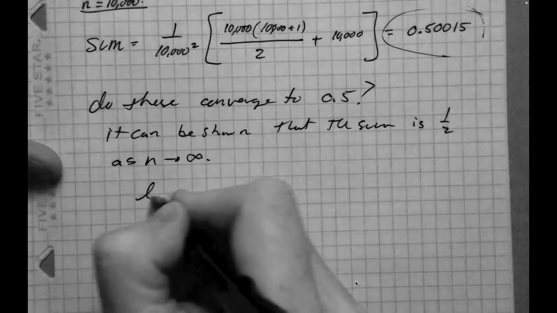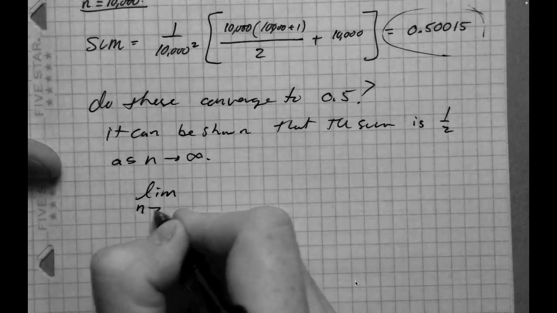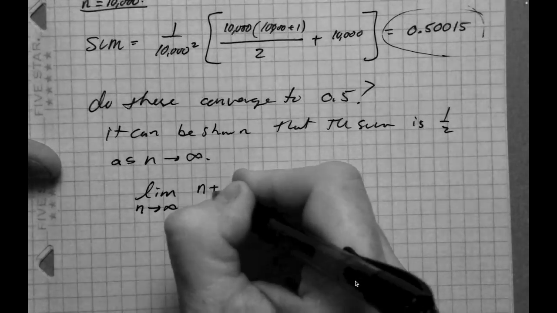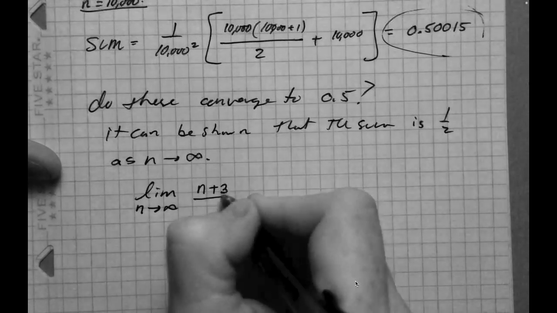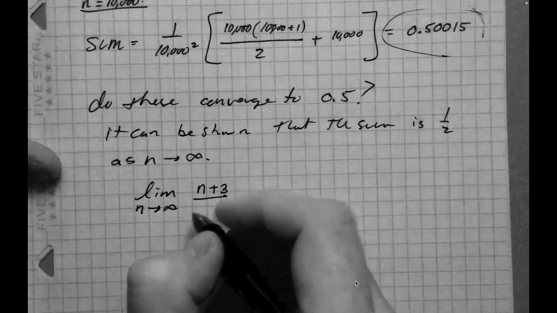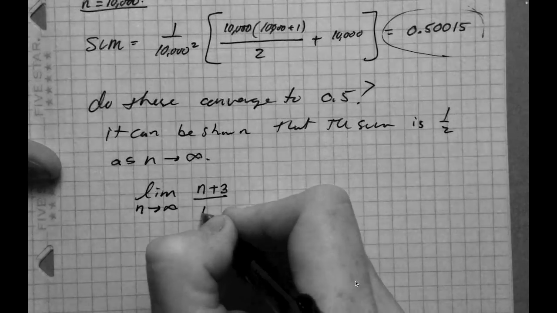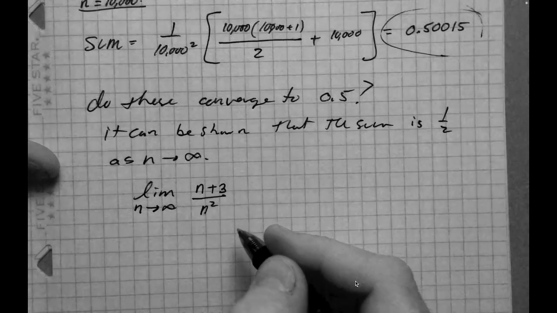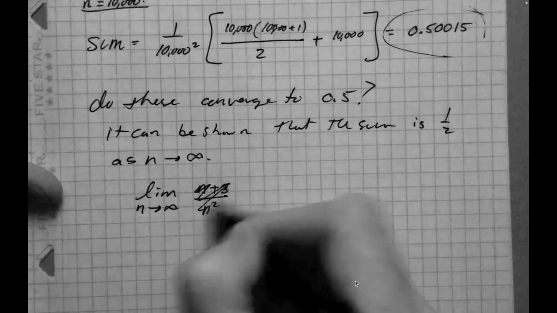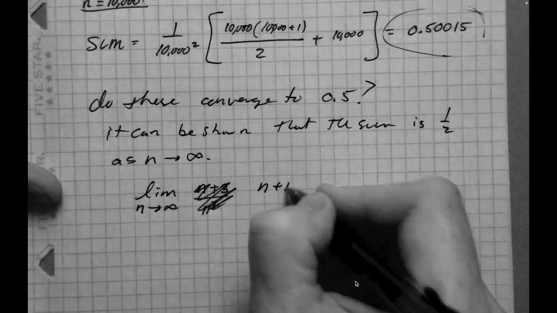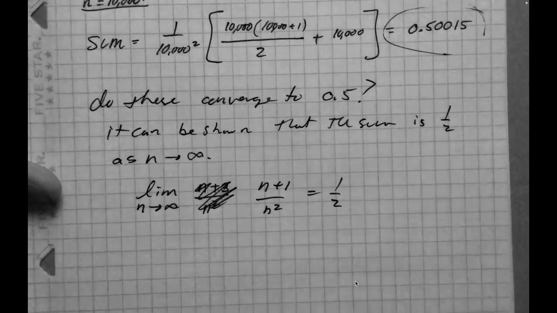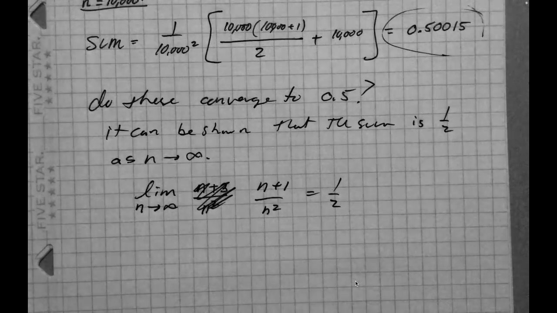Now, the way we would write that is the limit as n approaches infinity of n plus 1 over n squared is 1/2.